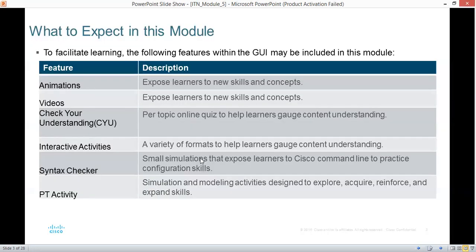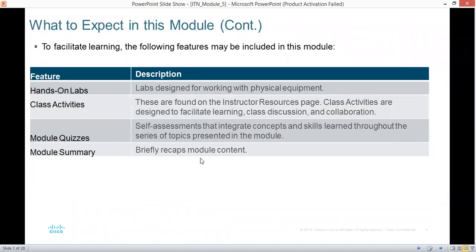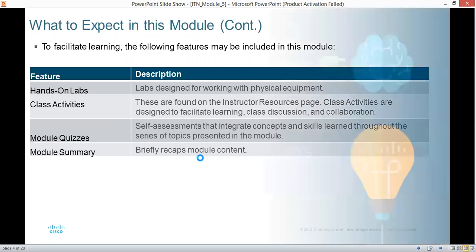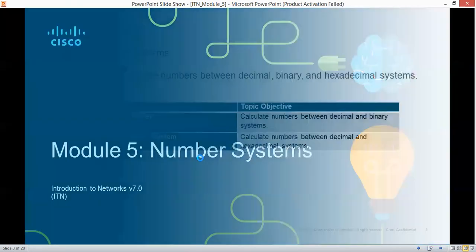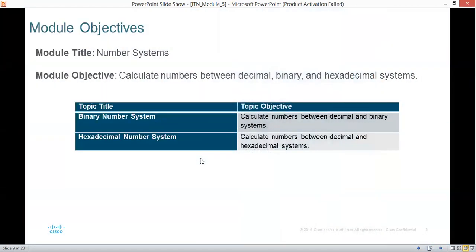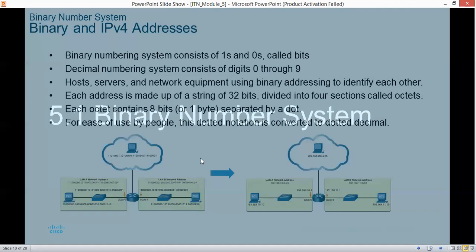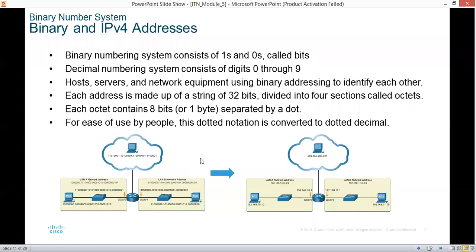In this numbering system, we're looking at the bits of 1s and 0s for your IPv4 and IPv6. The objective is to calculate numbers between decimal and binary systems, and between decimal and hexadecimal. This area touches more on your IPv4 and IPv6.